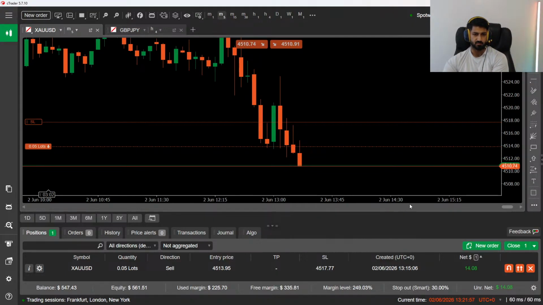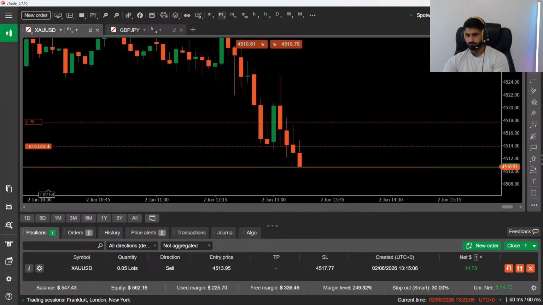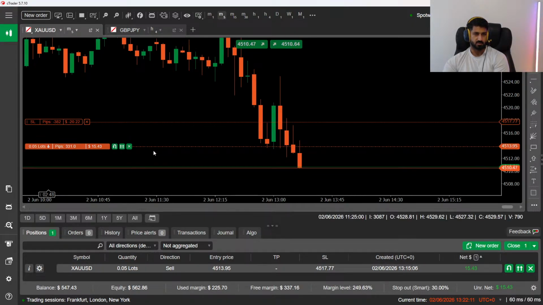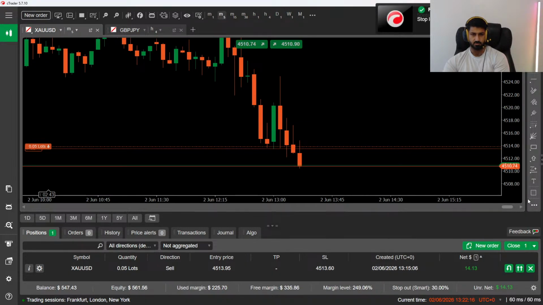Yeah, this drive. And I'm actually going to let it run for now. I'll bring my stop loss to break even and I'll let the position run.